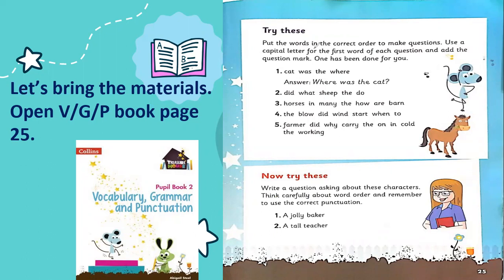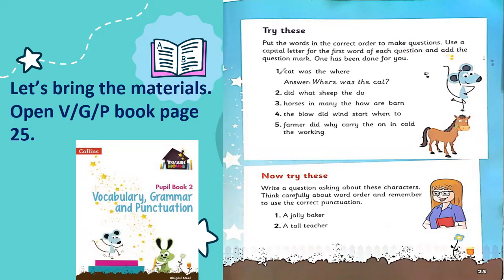It says, try this. So let's first of all read the instruction. Put the words in the correct order to make questions. Use a capital letter for the first word of each question and add the question mark. One has been done for you.